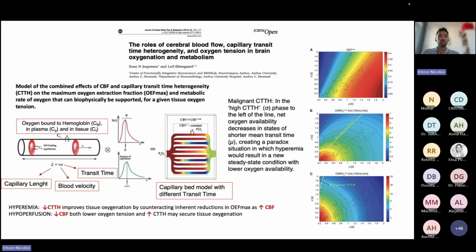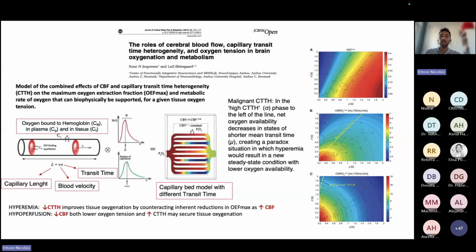What they found was that during hyperemia, so an increase of cerebral blood flow, there is a reduction of CTH, which improves tissue oxygenation, while during hypoperfusion, so a reduction of cerebral blood flow, we have an increase of CTH compensating the reduction of cerebral blood flow and securing tissue oxygenation.